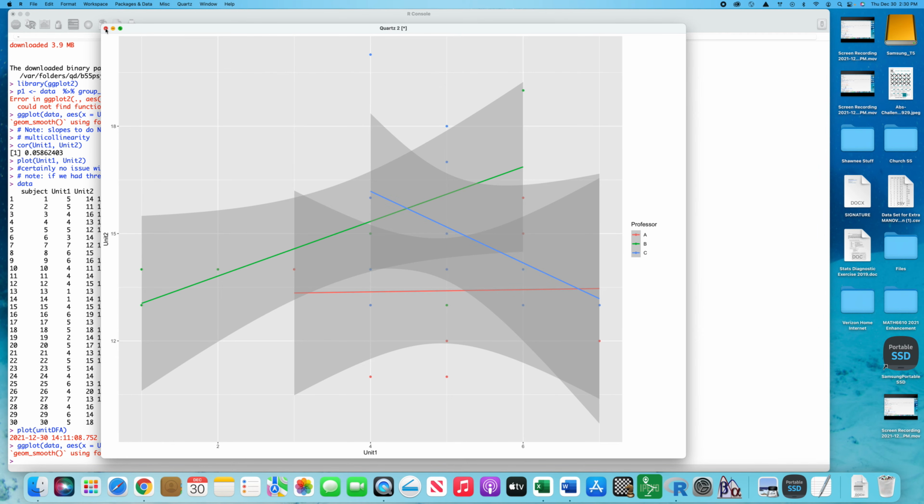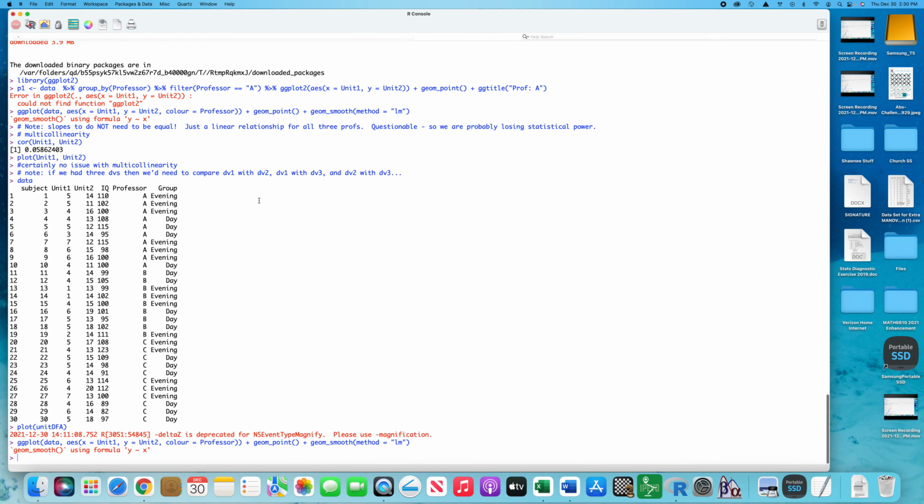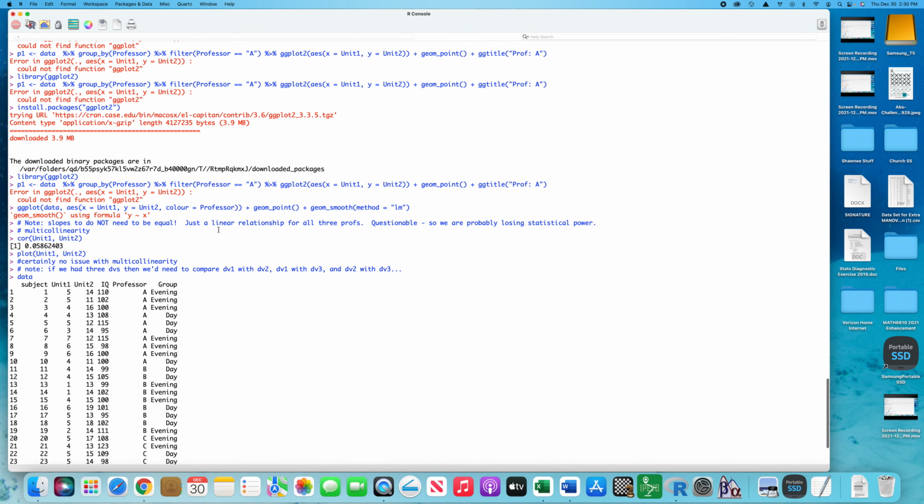Do we have linearity? It's suspicious, and again, I write here, important: the slopes don't need to be equal, as they do in ANCOVA. They just need to be linear.